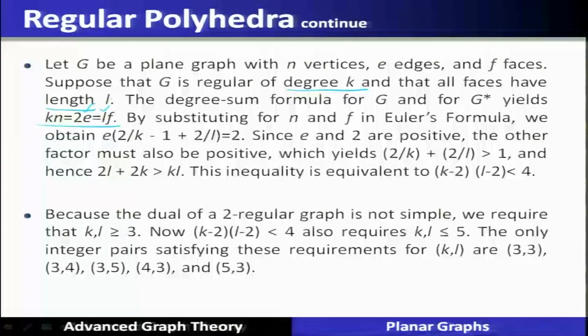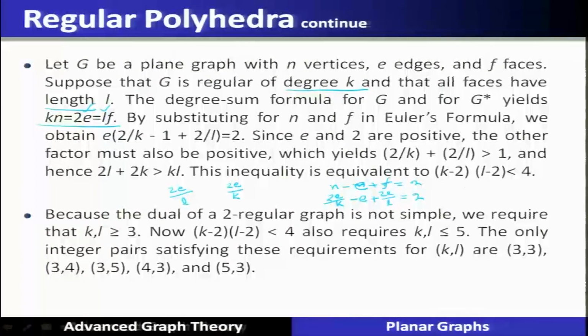Now let us substitute n and F in Euler's formula, n minus E plus F is equal to 2. Substituting n as 2E by k, and instead of F, 2E upon L, we get 2E by k minus E plus 2E by L is equal to 2.